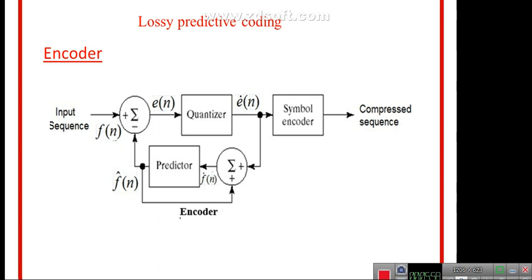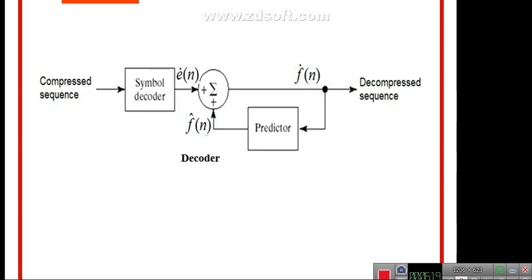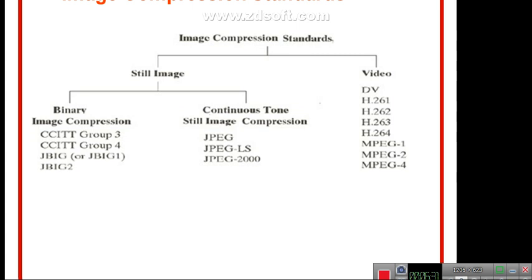This is given to the summer along with f cap of n, and we use a predictor here. Then e dot of n is given to the symbol encoder, and after encoding the resultant value is the compressed sequence. On the decoder side, the compressed sequence is given as input to the symbol decoder, using the reverse blocks of the encoding techniques. Finally, we get the decompressed sequence.